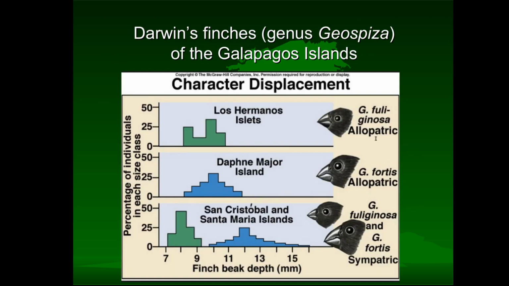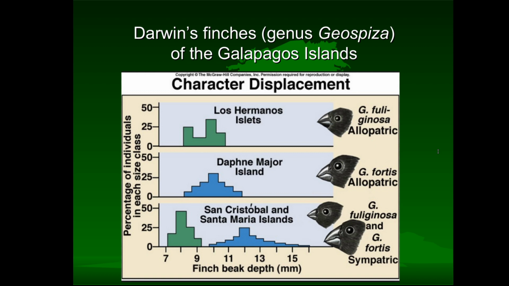Charles Darwin's classic example of character displacement was the finches, the genus Geospiza, on the Galapagos Islands, which he studied as a young man during his travels to study natural history, geology, ethnology, and so on while on the ship, the HMS Beagle. At this time, he was 22 years old and had recently graduated from college.